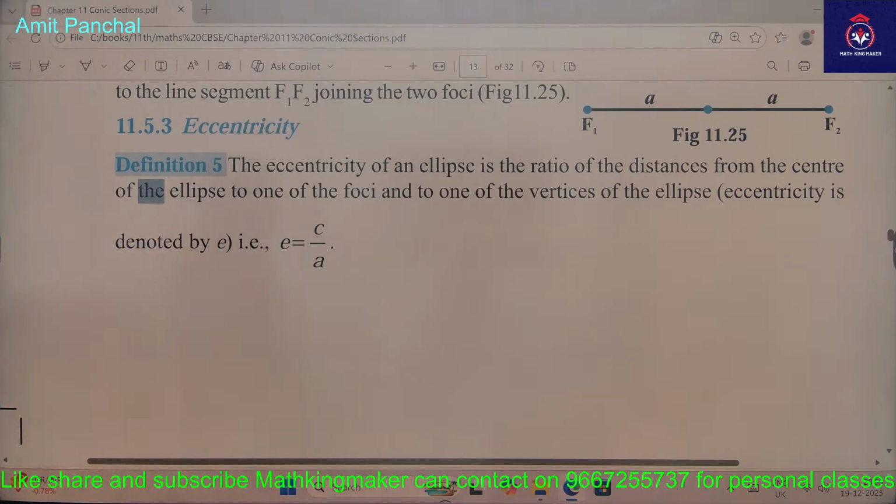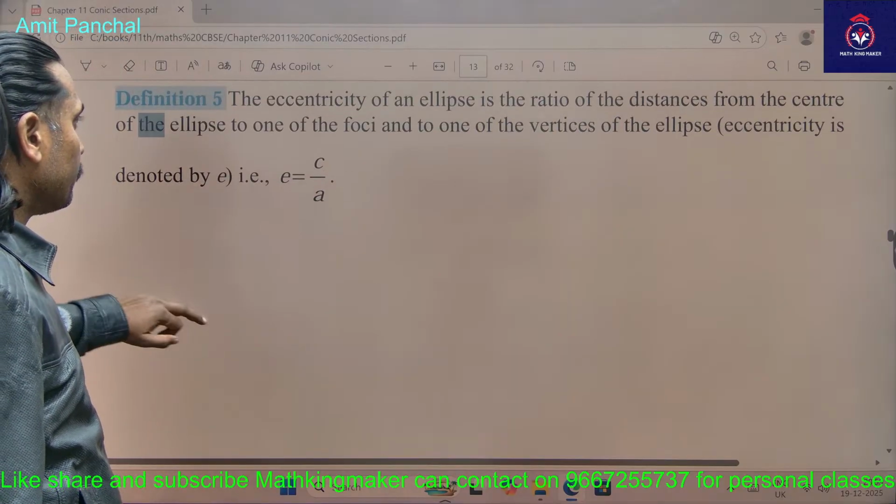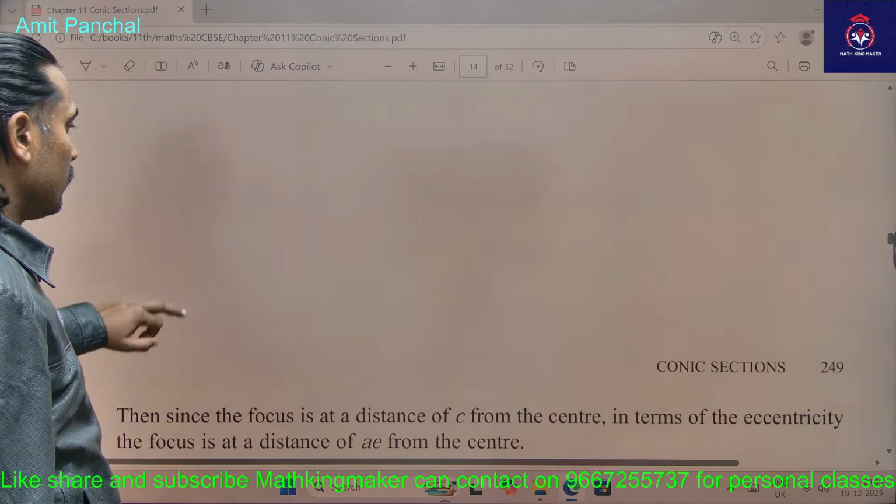Since in an ellipse the foci lie in front of the vertices, A is larger than C. Since the denominator is greater, the fraction is less than 1. It is always lesser than 1.